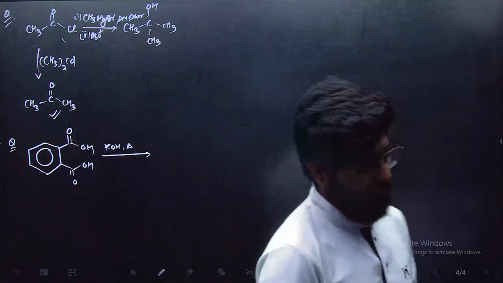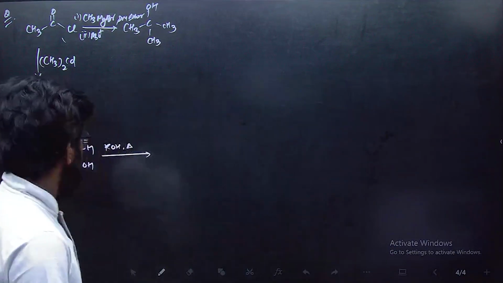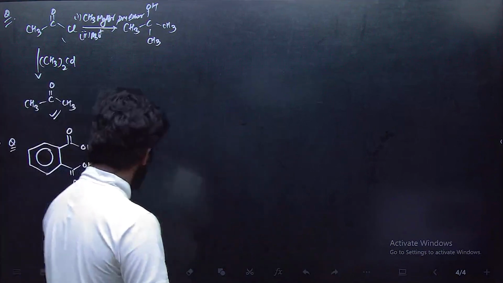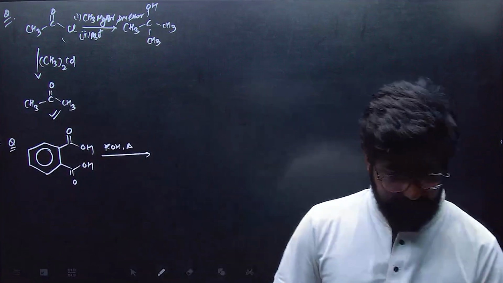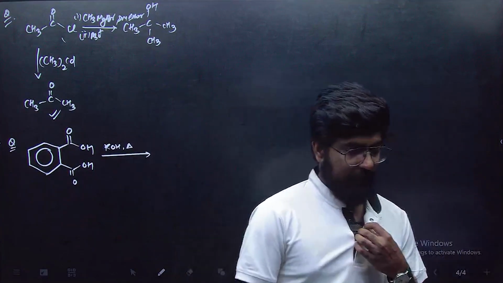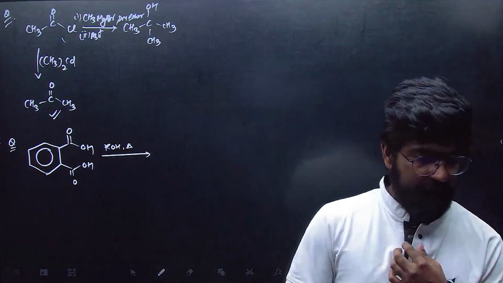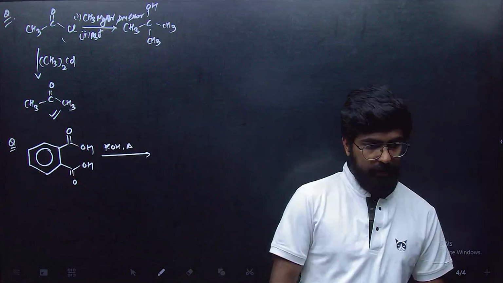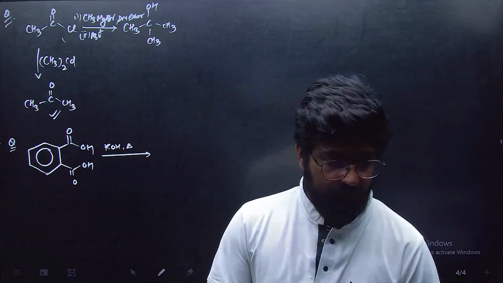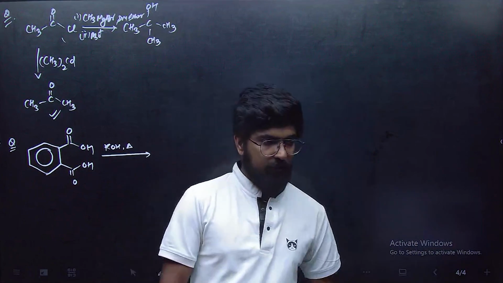Intramolecular Cannizzaro. Very nice, Ashmit. So what you will get is the product that basically involves both the alcohol and the salt of acid. Very nice, Vaishali. You have cracked a very minute detail in this product formation.